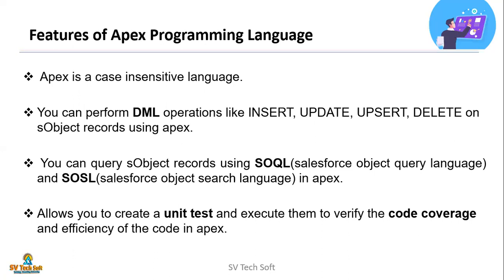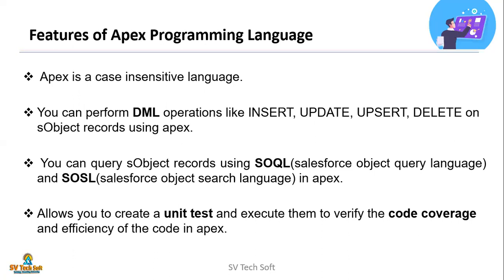For example, if we have Apex classes, triggers, batch classes, scheduler classes, and we want to move those development components from sandbox to sandbox or sandbox to production, code coverage is required. Salesforce strictly requires you to maintain 75% code coverage. Only then can you move your code from sandbox to production.